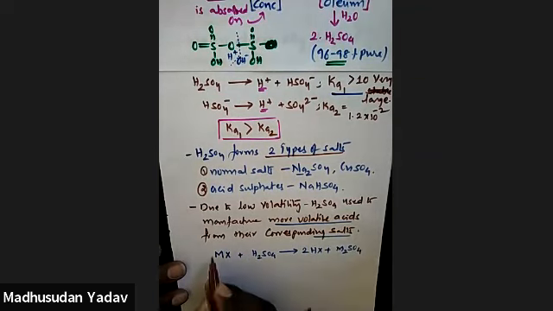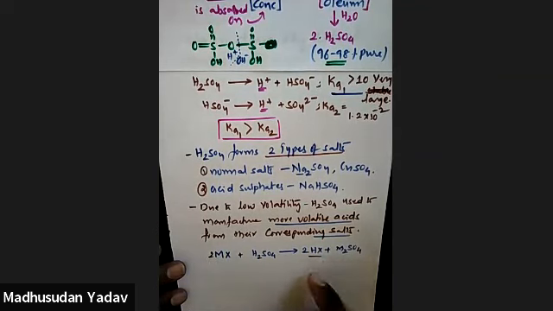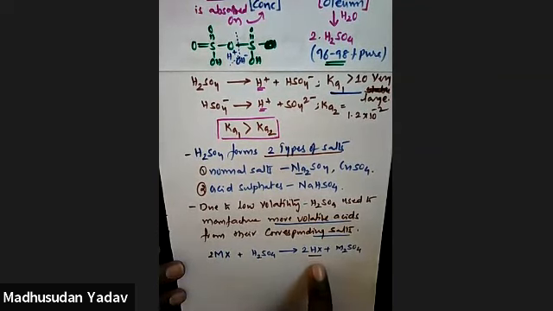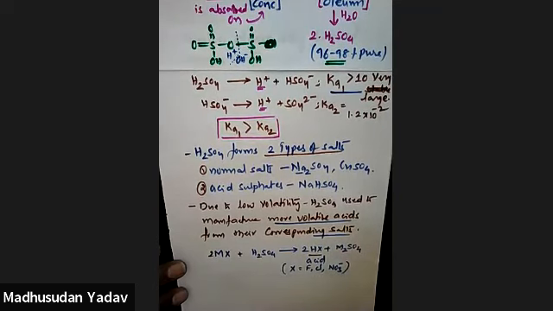Here, look at this, HX is a halide acid, suppose HCl is an acid. Here X stands for fluorine, chlorine, and nitrates too. Anything you can take.